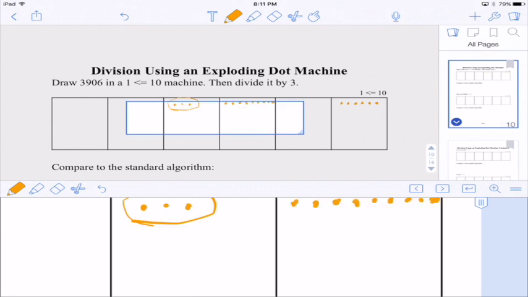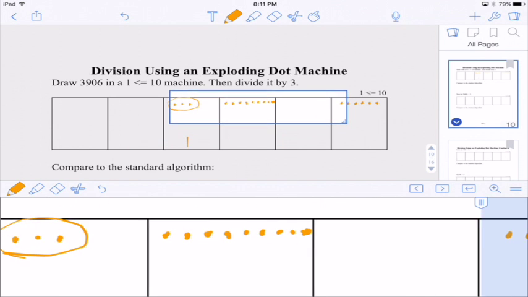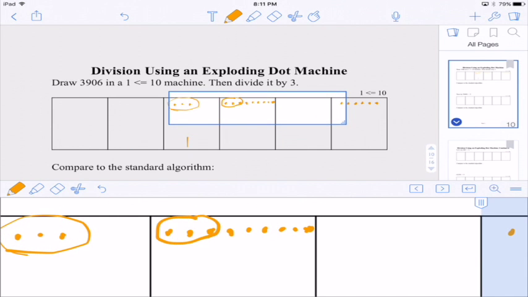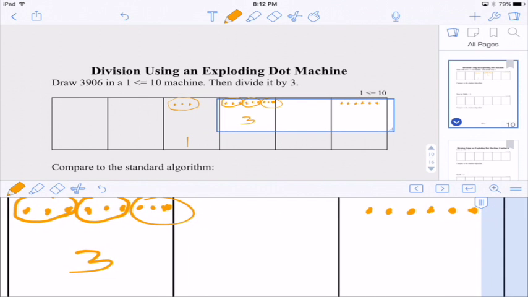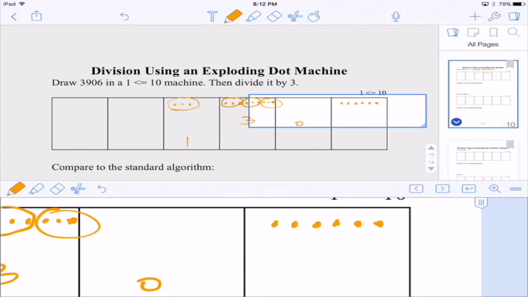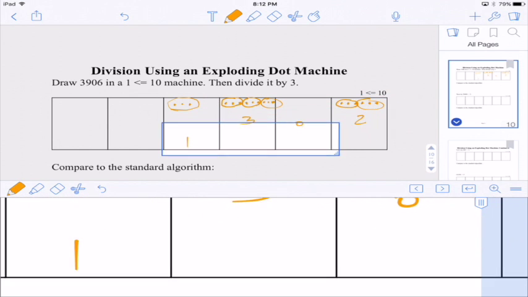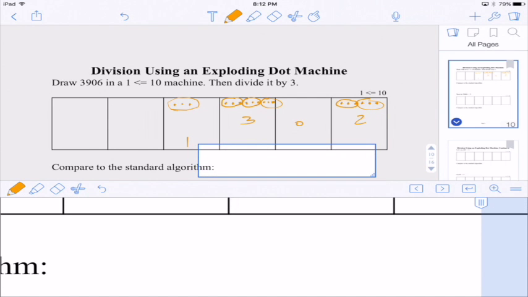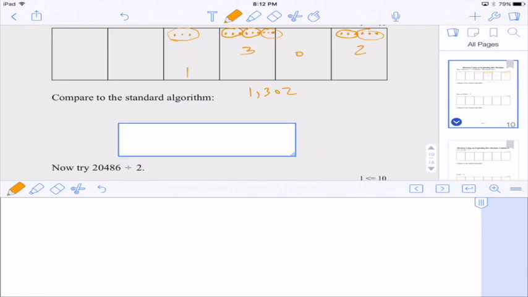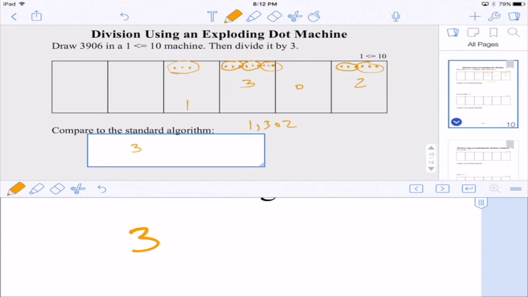Here's one group of 3. And my 9s, I have 1, 2, 3 groups of 3. There's 0 there, and 2 groups of 3 there. 1,302. That was relatively easy. Now let's look at the standard algorithm.